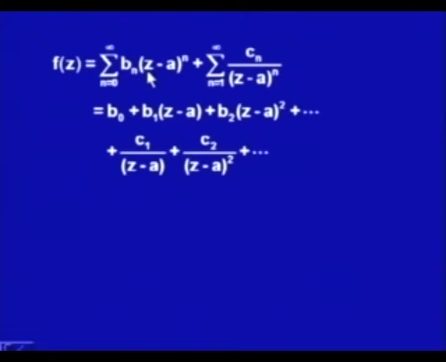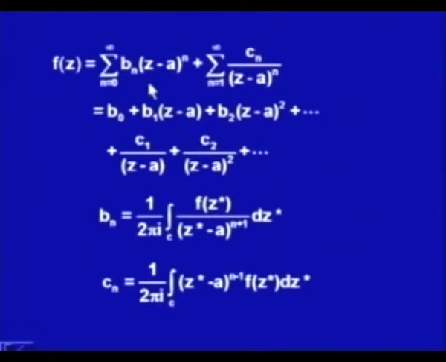In the first series z minus a appears in the numerator, and here it appears in the denominator. In the expanded form the function f z can be expressed as b naught plus b 1 into z minus a plus b 2 into z minus a square plus and so on, and the second series will look like c 1 divided by z minus a plus c 2 divided by z minus a square and so on.